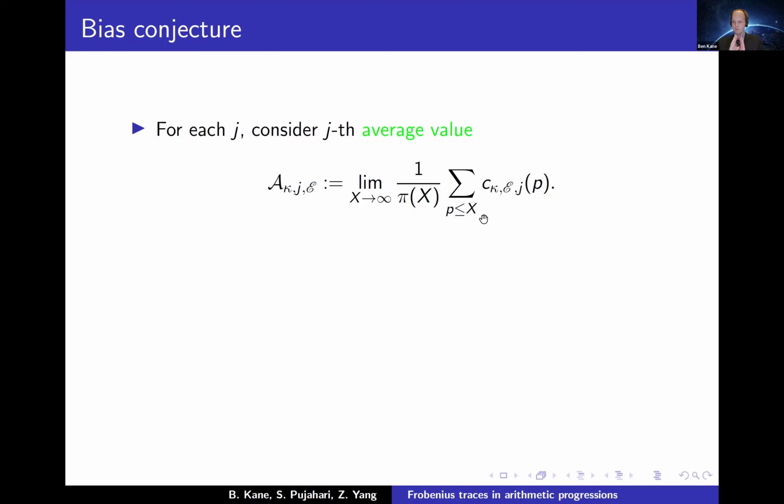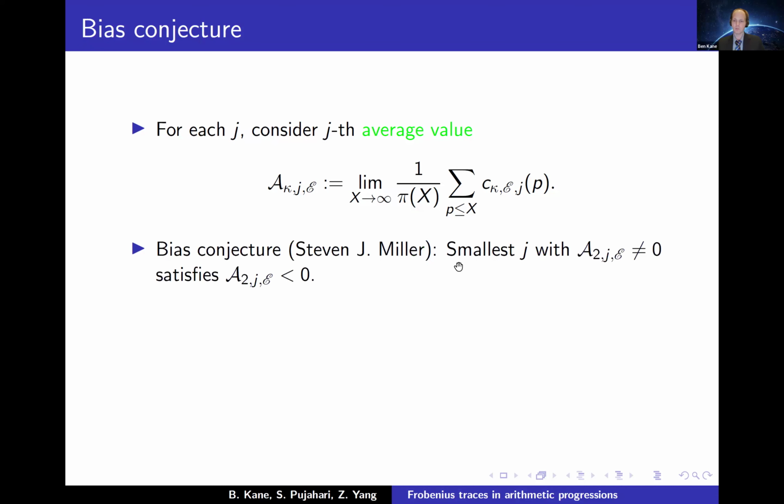So Philippe Michel and some of his collaborators looked at these because they have a geometric meaning. These limits have a geometric meaning. So they were interested in these. What are the values of these? And when are they 0 and when are they not 0? And Stephen J. Miller, in his thesis, conjectured that actually the first j, the smallest j, which would be the first error term, where this average is not 0, is actually negative.